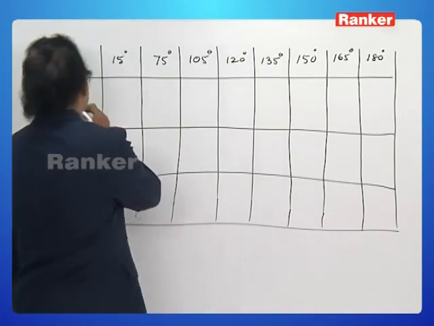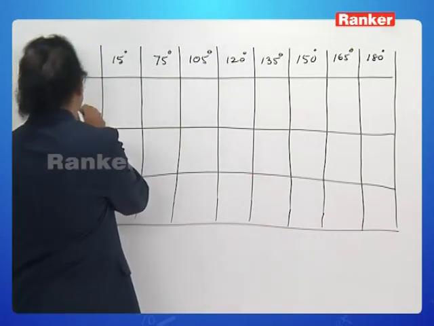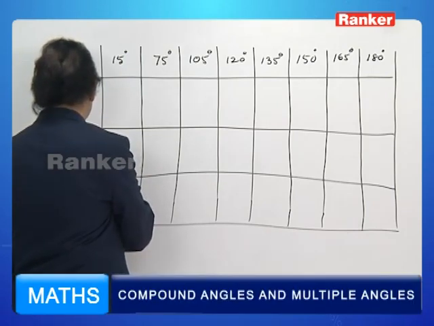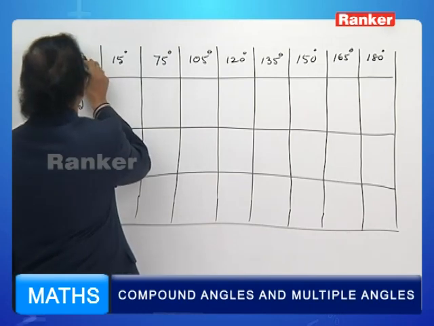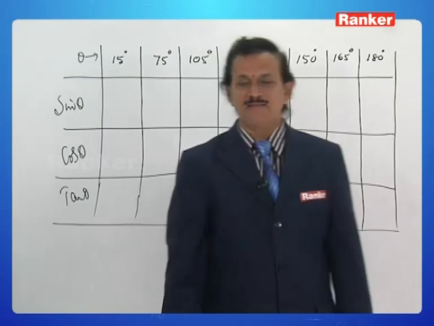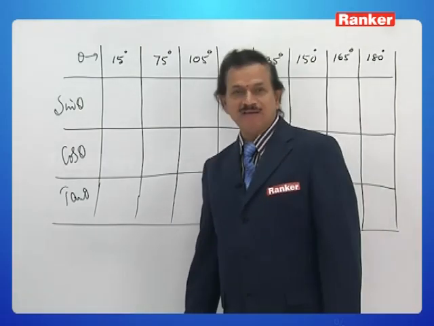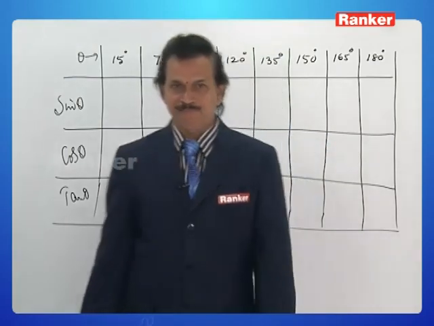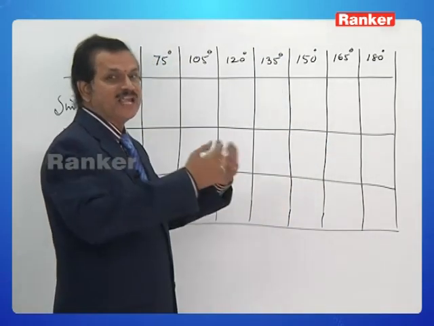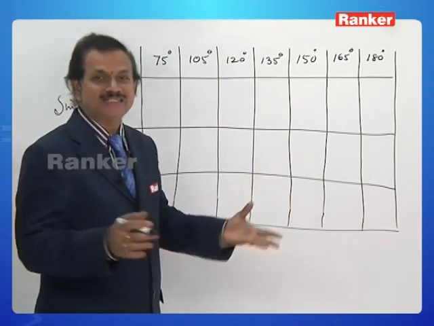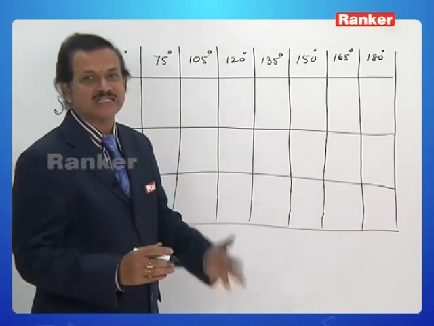Well, sine theta, cos theta and tan theta. I would like to prepare the tabular form. All the values for sine theta, cos theta and tan theta, how can you have? See, filling up this tabular form is a good exercise of recollecting the values.